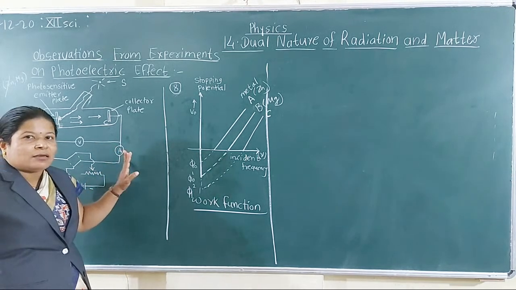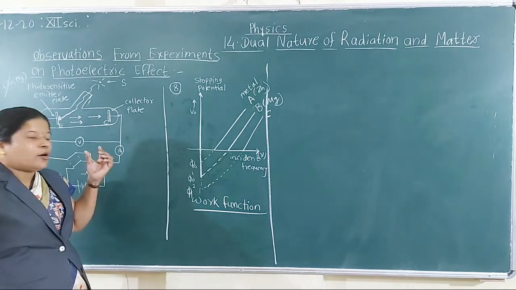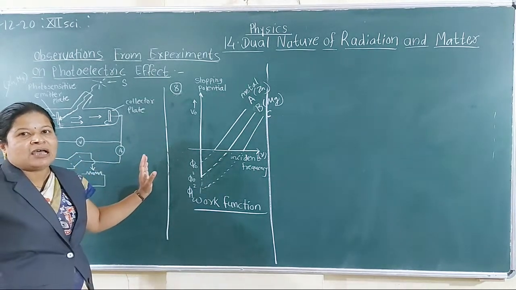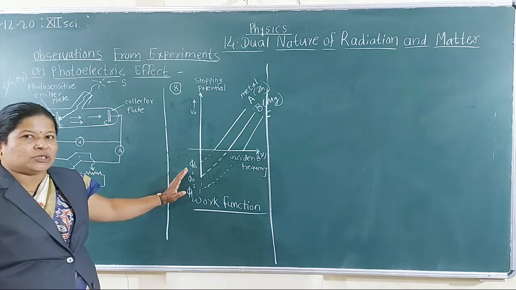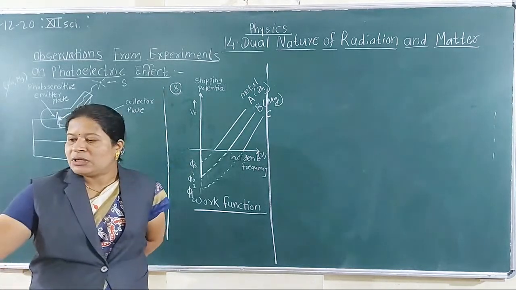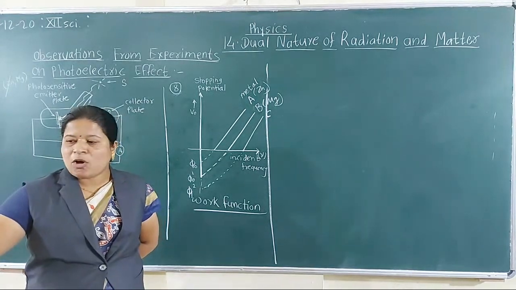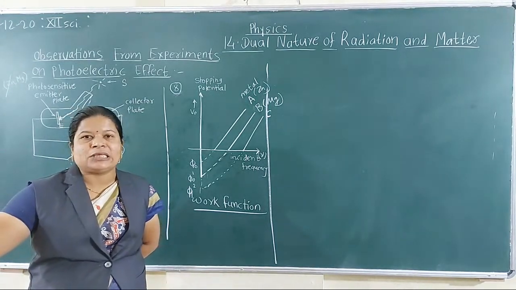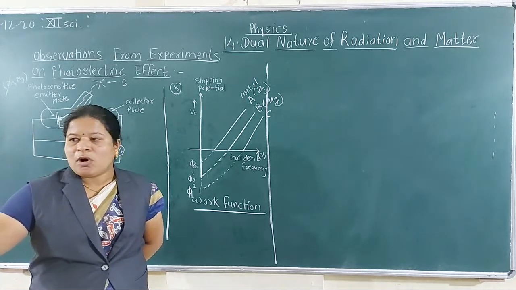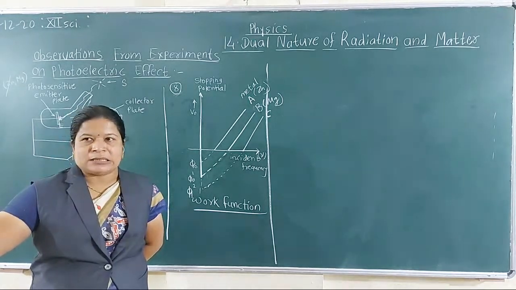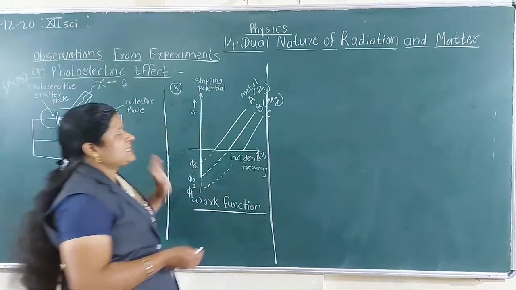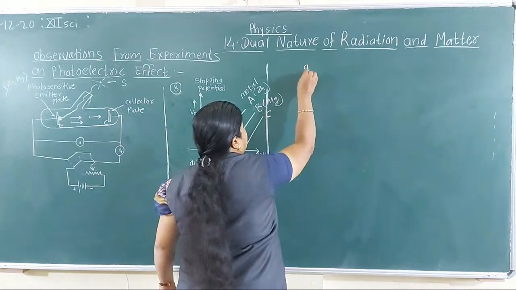For that zero current, the voltage we call the stopping potential. So this is observation number 8: the stopping potential as a function of frequency of incident radiation for emitter plates of different metals.